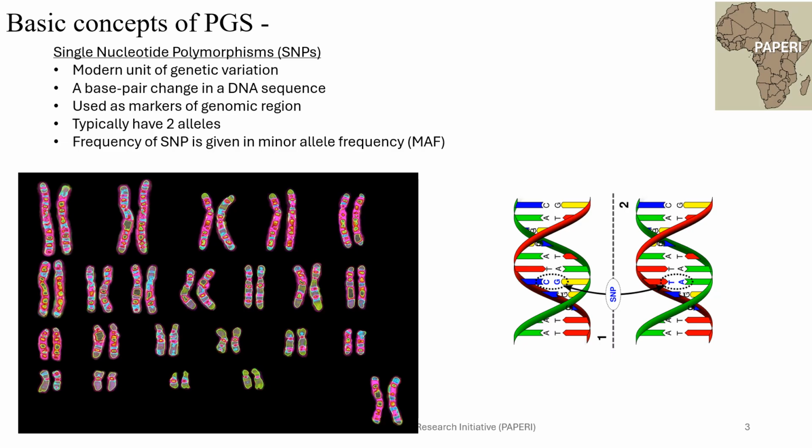So we have two copies of DNA, all of us do, and we have an allele or a base pair at each location. So here in this example with the circled base pairs, we see we have a C at one location and a T at the other.